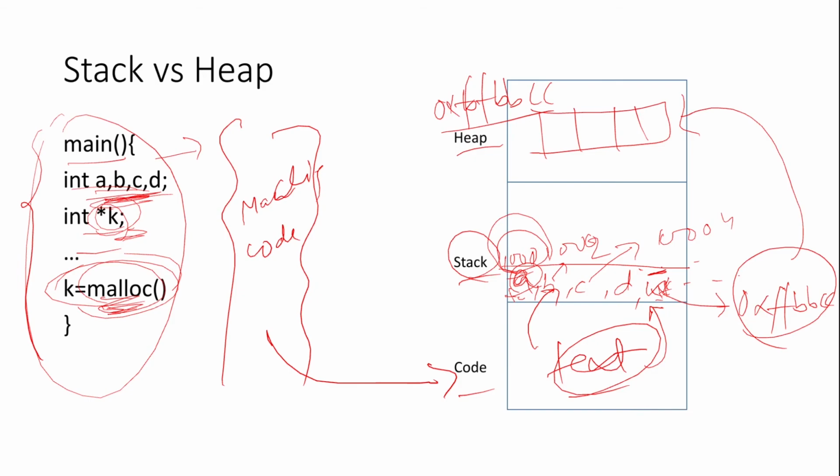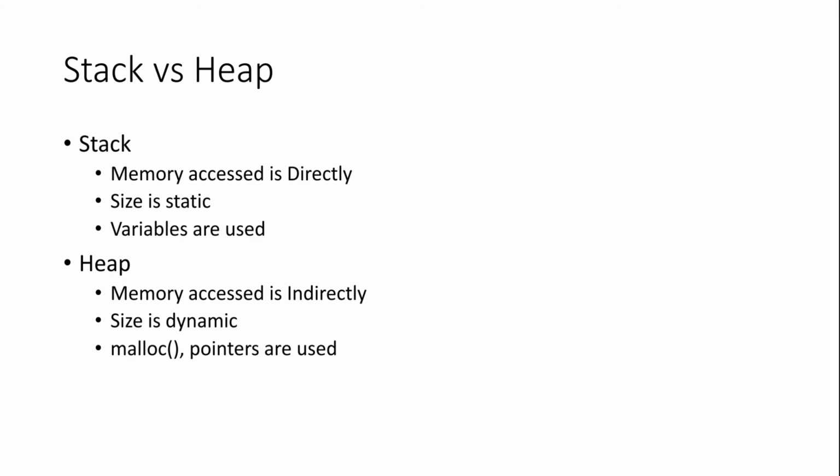And if you see here, these are the static ones, right? The stack stores the static variables, while in terms of heap you can actually have the dynamic ones. So now let's summarize between the stack and heap.